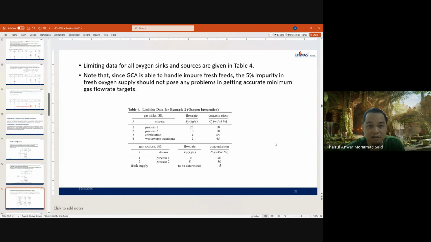So the first thing we need to do is the limiting data. We identify the sinks and sources. For sinks, how many are there? Four. Then for sources, there are two from process one and process two, and the fresh supply to be determined.